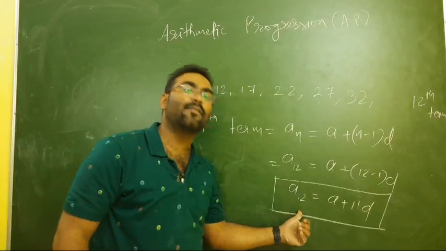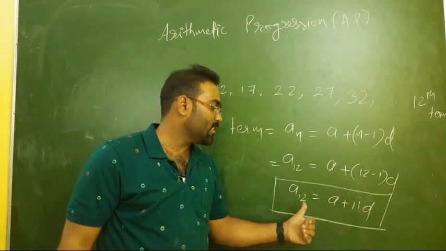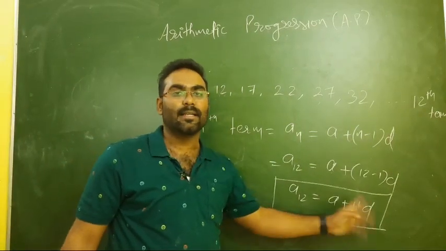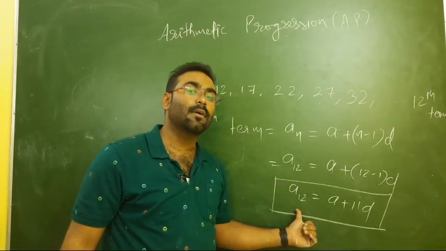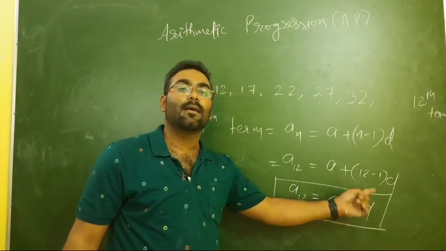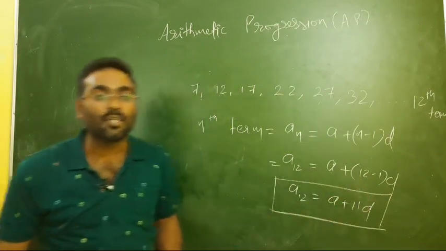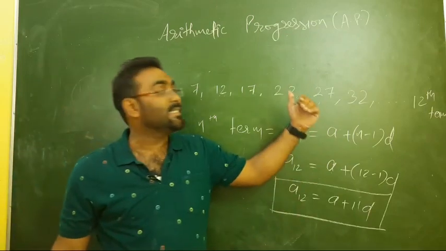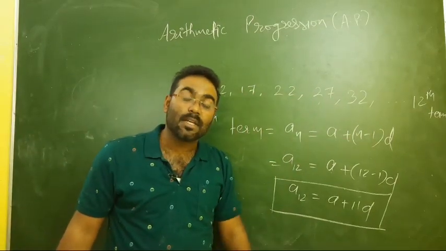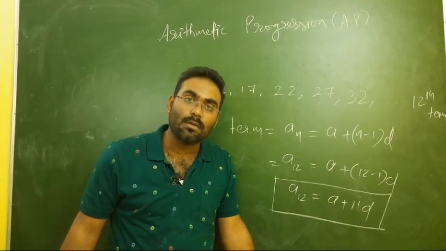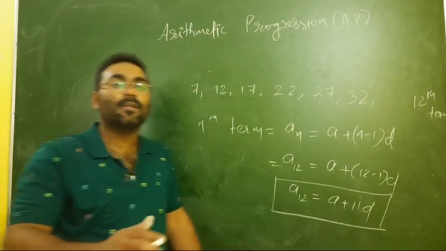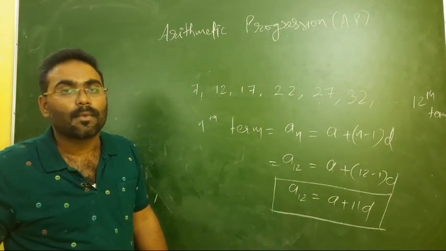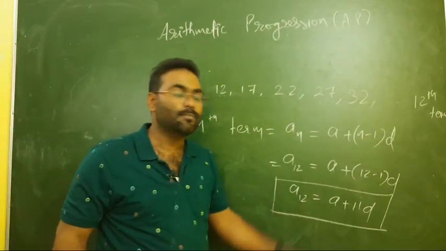Whatever term we have to find, just do the minus 1 and write it. Like a12 is a plus 11d. Similarly, in the same pattern, if I ask you the 32nd term, a32 would be a plus 31d. Now coming back to the point of our question, a12.